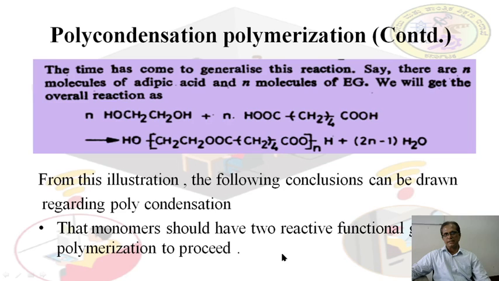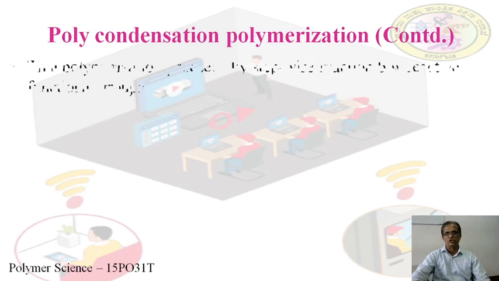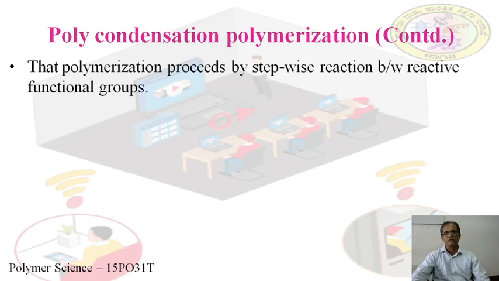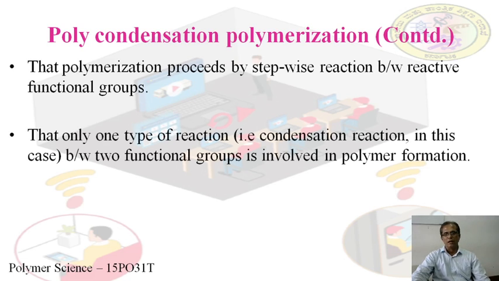what we can summarize is, monomers which have two reactive functional groups only can polymerize, and this kind of reaction is polycondensation polymerization. It proceeds in a stepwise manner with the reaction between two different functional groups.